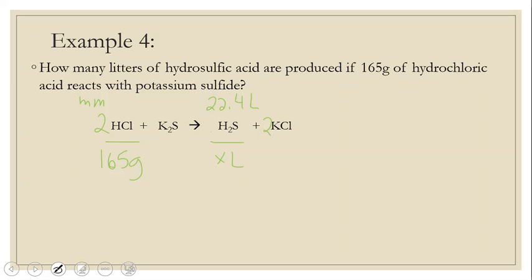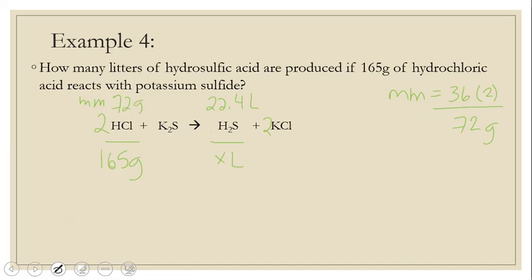Okay, molar mass of hydrochloric acid, we calculated in 2 problems ago. Molar mass of hydrochloric acid is 36. But I have 2 moles. There are then 72 grams. So I write 72 grams.